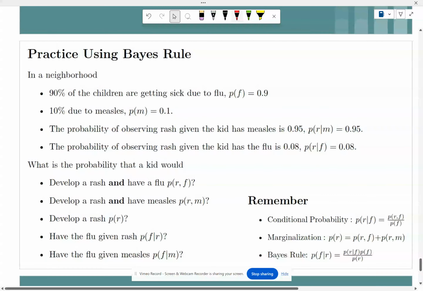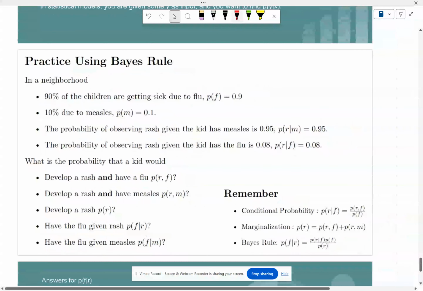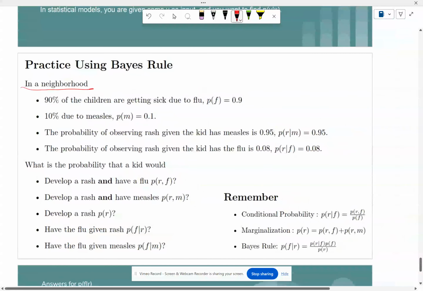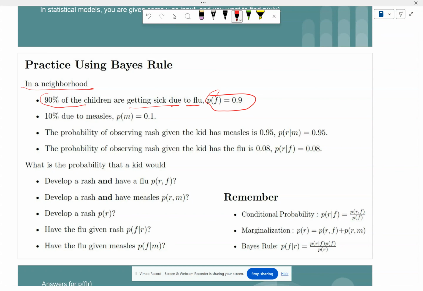All right, so let's practice using Bayes rule. Let's say in a neighborhood, 90% of the children are getting sick due to flu. So the probability of flu is 90%, or 0.9. And 10% of kids are getting measles. So these poor kids, and therefore that is 0.1.